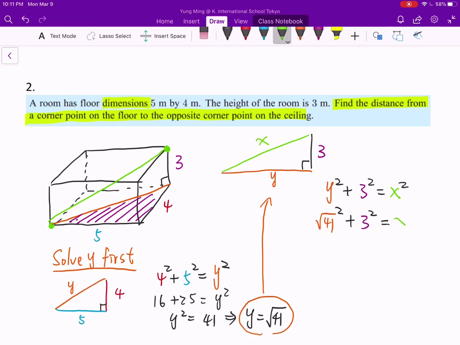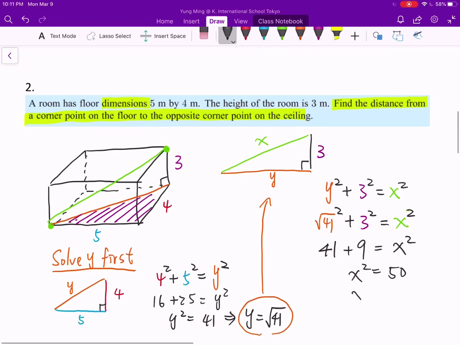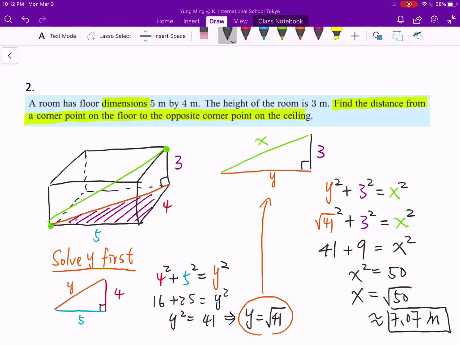And that's equal to X squared. Everything very neat. We got square root 41 squared means you're going to take out the root. You're going to have 41 plus 3 squared is 9. X squared is X squared. So your X squared is basically 50. So your X is equal to square root 50. Which, according to the calculator, is approximately 7.07 meters. And that's it for this question.